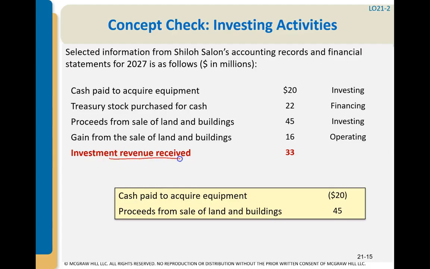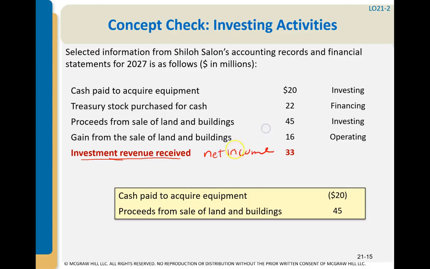Investment revenue received. So investment revenue seems like it would be an investment and therefore in the investing activities section. However, what we reported in the investment revenue is part of net income, right? It's part of our net income.